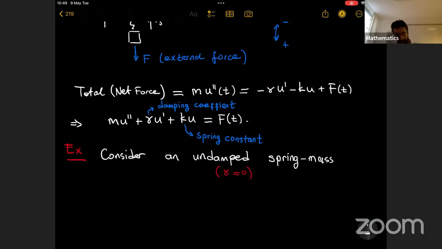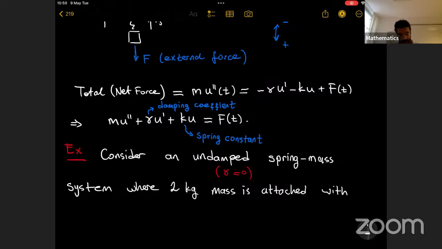Spring mass system where a 2 kilogram mass is attached with the spring constant K equal to 8 kilogram per second square. So we are given M and K.